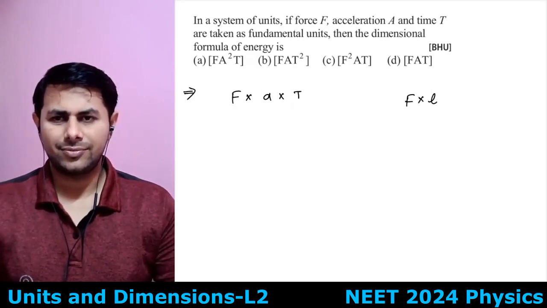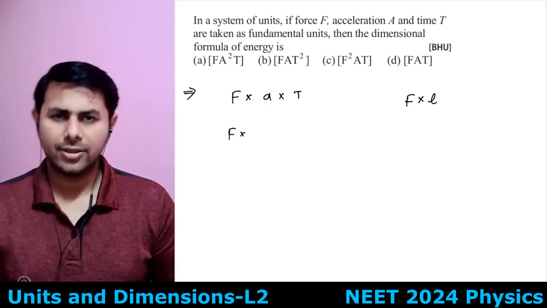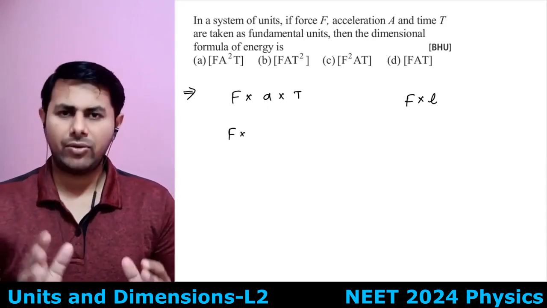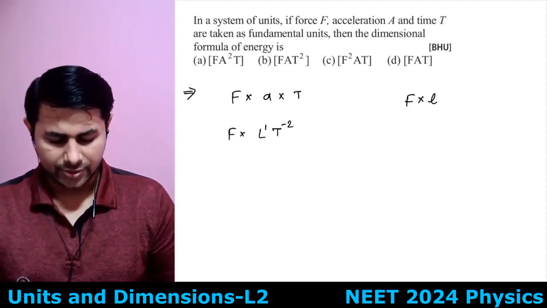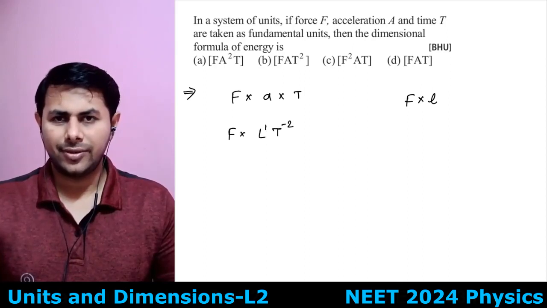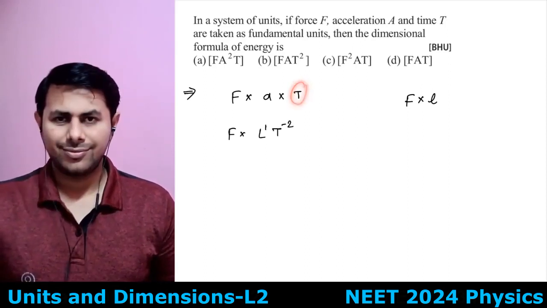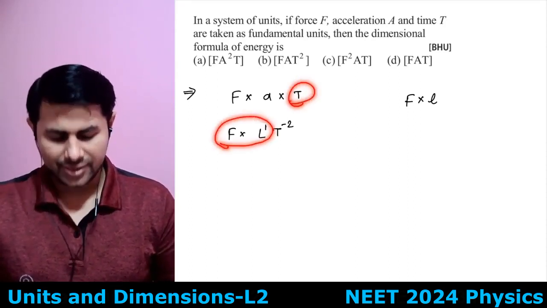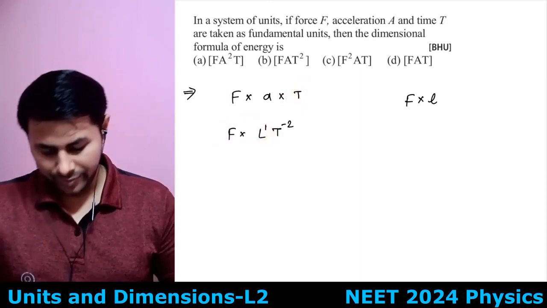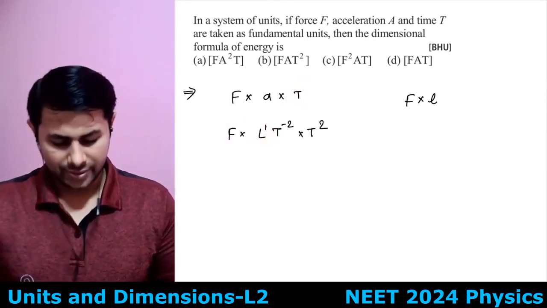So the dimensions of force we keep as they are. We have acceleration, which is L t raised to minus 2. Now what should we do with this t? We got F and L, and this t is there. T squared.